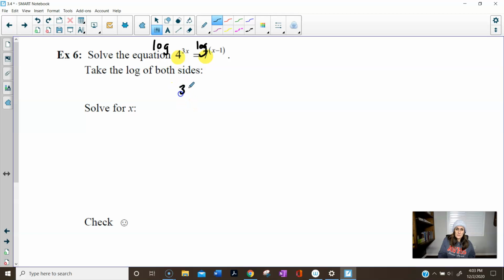So this would be 3x log 4. I know I was a little bit lazy and didn't want to rewrite it. And then x minus 1 would come out in front, and you would have log 7. From there, let's keep in mind that we're trying to solve for x. We're going to take this log 7 and distribute it.